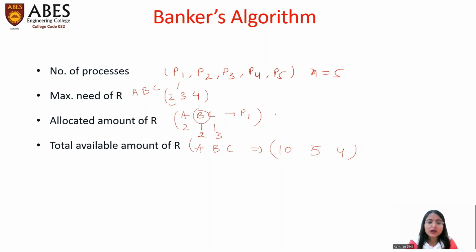This is the allocated amount of resources and the maximum need of any resource by the process, and these are the number of processes. These are the details required by the Banker's algorithm for finding the safe sequence of any system.